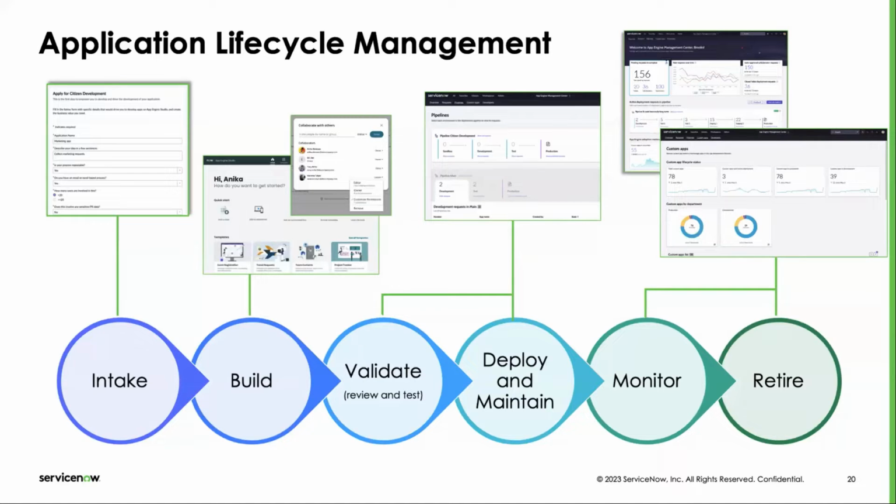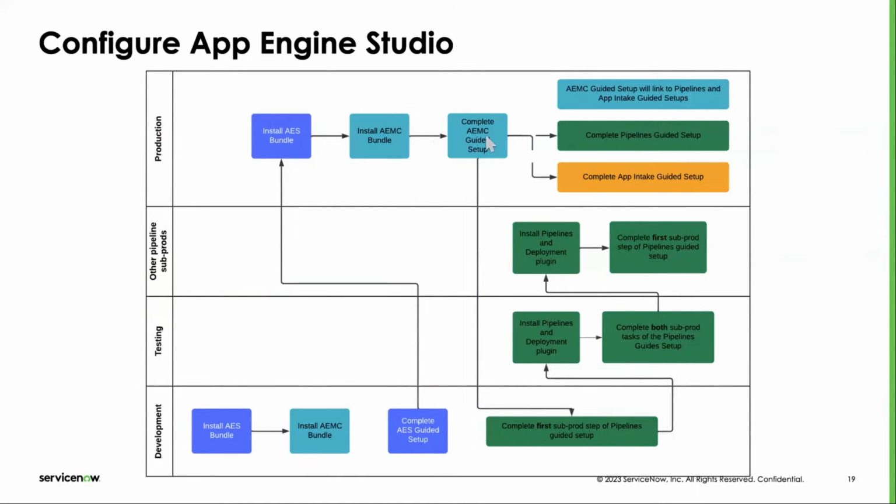So obviously, again, we're really focusing a lot on the build today, which is AES, but we do have application intake, which covers that intake portion, and App Engine Management Center, which helps to cover the monitoring, retiring, and then pipelines for deployment and validation. And again, if you look back at this slide, each one of these boxes covers a different one of those applications. So again, they all work together to provide that seamless end-to-end governance for those applications.